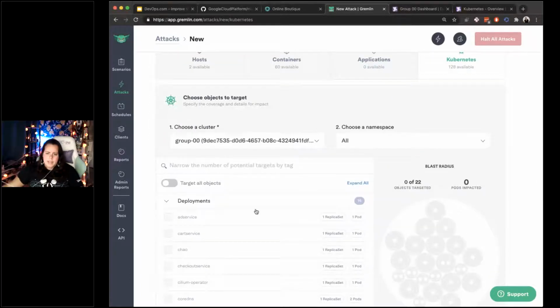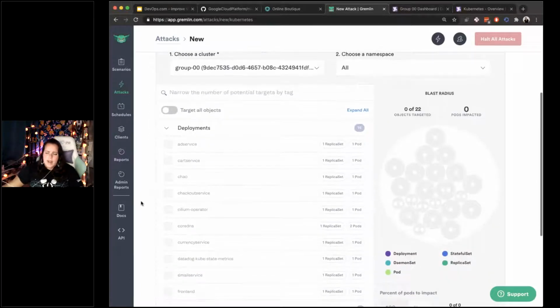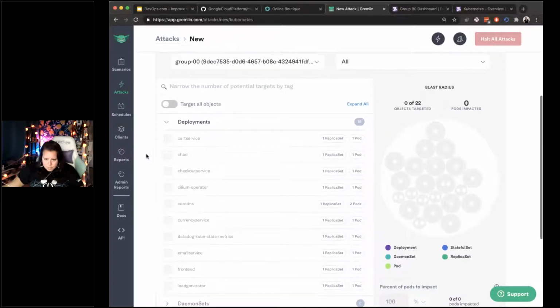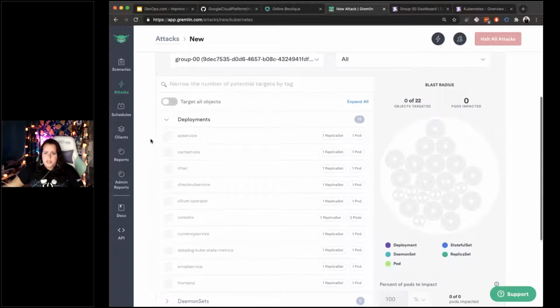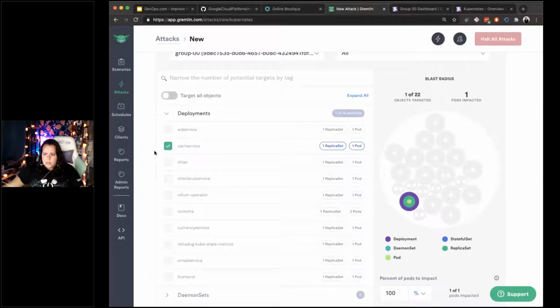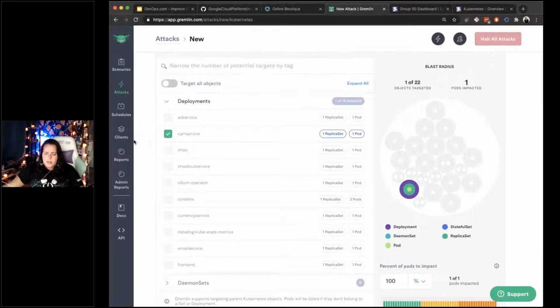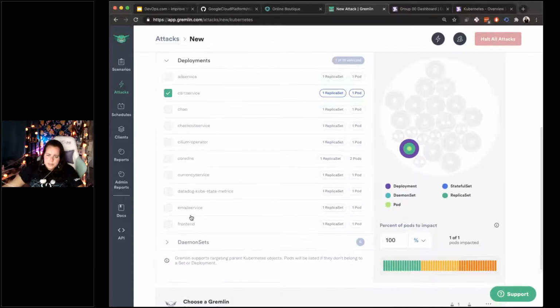I can find any of the resources that I have for my Kubernetes cluster on here. Today's environment, I deployed it, and it's mostly all just deployments, so that's the reason you only get to see deployments out here. We are going to just go over to cart service, and in cart service is where we're actually going to consume more of those memory resources.